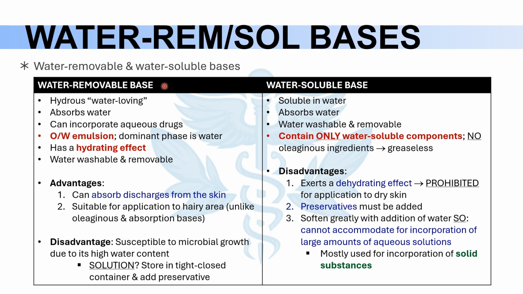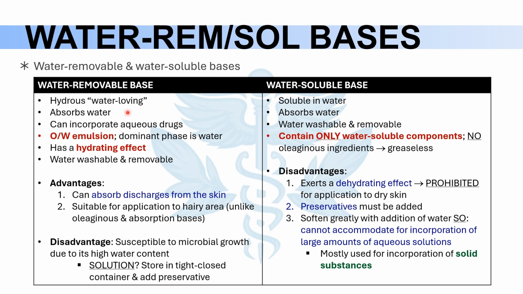Water-removable bases are hydrous, they are water-loving, and this is the first difference we can observe compared to the other ointment bases that we've talked about. Whether it was oleaginous bases or absorption bases, those were anhydrous. Here, water-removable bases are hydrous. They are water-loving.